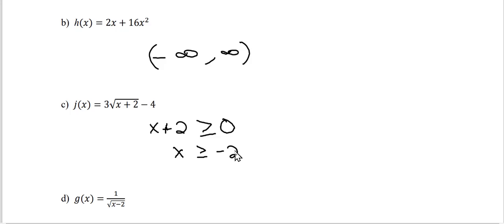Subtract 2 from both sides and you get that. The only thing to be careful of when you're solving an inequality, remember, if you multiply or divide by a negative, you have to switch the direction of the inequality. So just be careful with that. Remember that rule. x greater than or equal to negative 2 would be this in interval notation. We use a bracket there to indicate to include the negative 2.